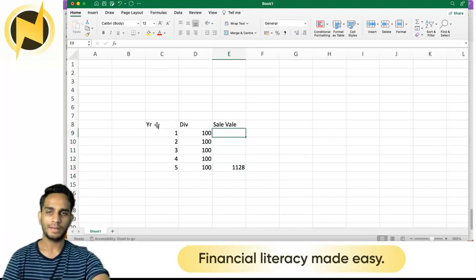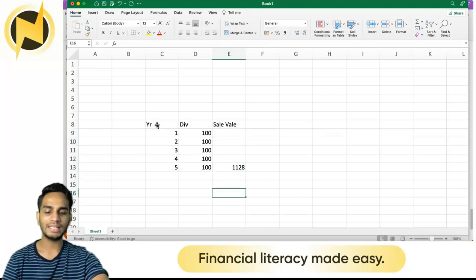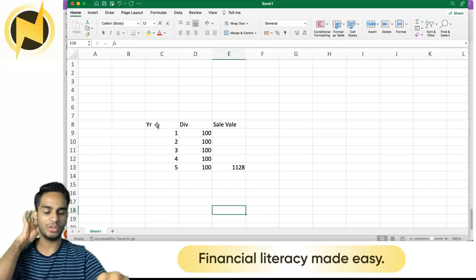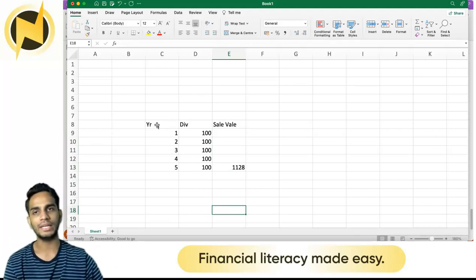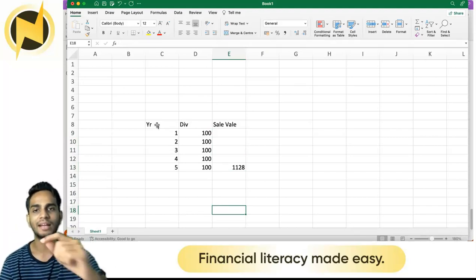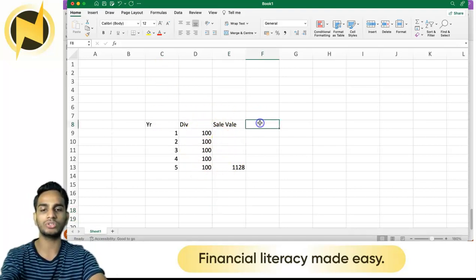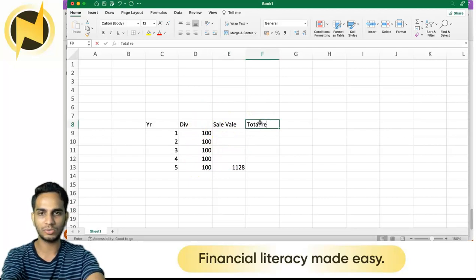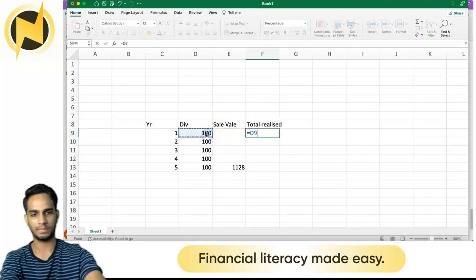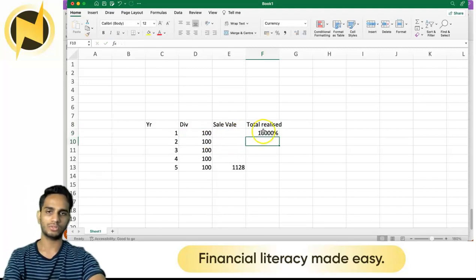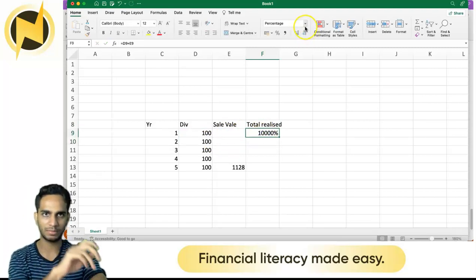Alright. Now, what realized yield tells us is that your cost of equity will be the rate at which the present value of your total gain. So what's your total realized value? It is this plus sale value.